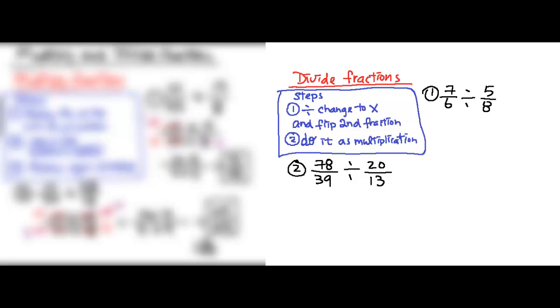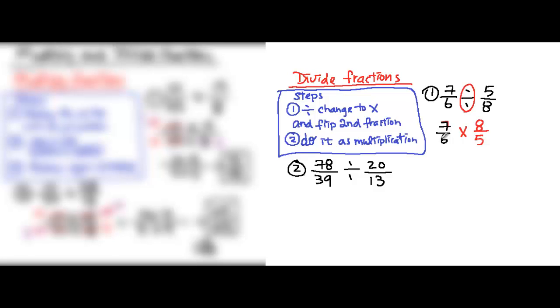Looking at the first example, I need to change the division to multiplication, right? And then the second fraction needs to flip, so 8 on top and 5 at the bottom. And again, the first fraction should stay the same, so 7 over 6 here. Now it becomes a multiplication problem, and I'm trying to see if I can reduce anything.